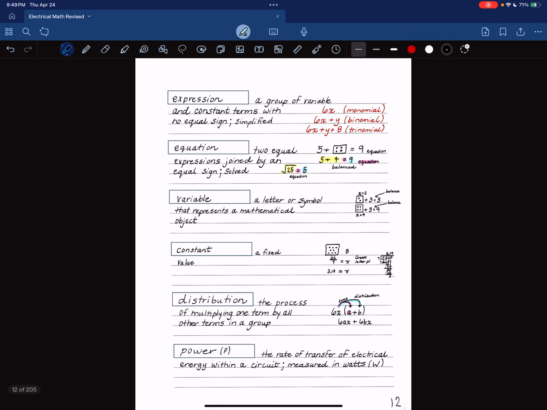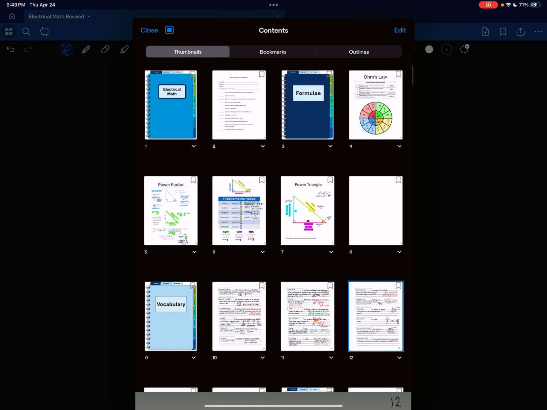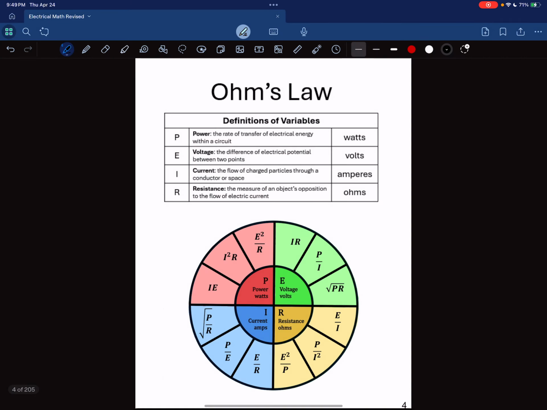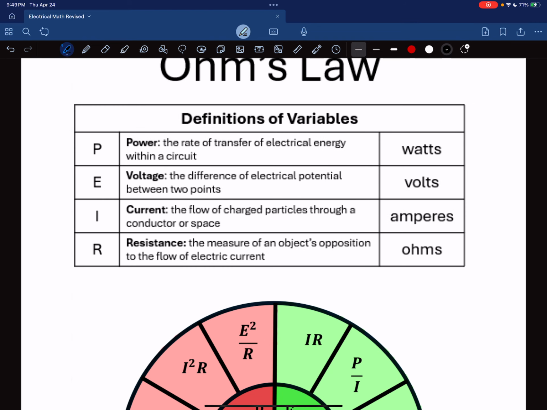Back on page 4, if we go back to page 4, you will see this chart. It's right above your ohms wheel. Here is that table with those summarized. So watts is going to be capital W, volts, amps, and ohms, remember, is the Greek letter omega.